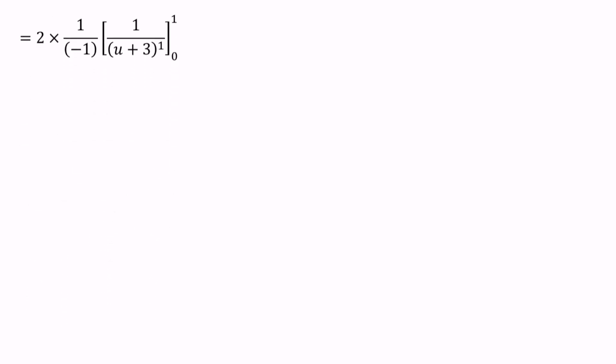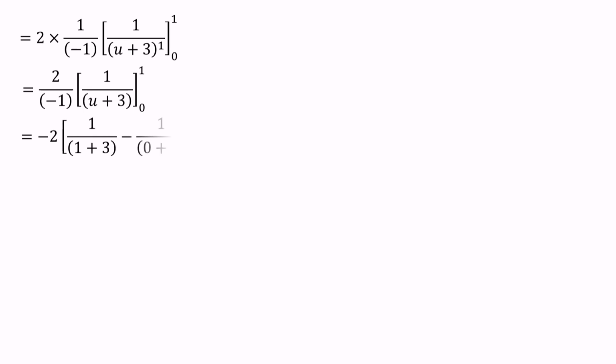Finally, we need to substitute upper limit and lower limit for 1 over u plus 3 value. First one, upper limit 1 minus second one, lower limit 0. Then we have 1 over 4 minus 1 over 3.